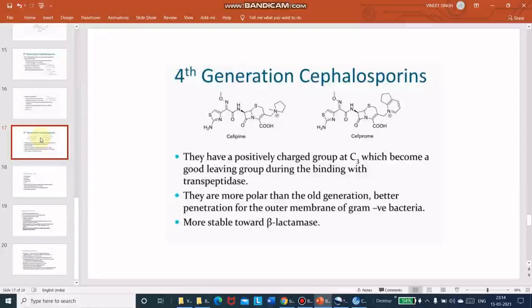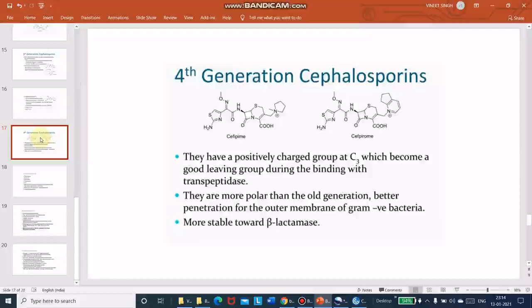This is the fourth generation. This is the most advanced one and has very good activities, like cefepime and cefpirome. This is a fourth generation cephalosporin with very good activity, but they also have some terms and conditions, they should not be considered as a first line treatment.